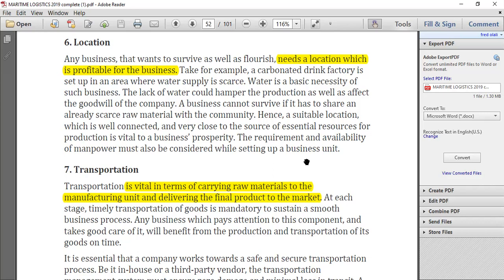Also, depending on the raw materials that you're using for the production of your product, you need to situate your production farm close to the source of those raw materials. With that, it will also save you on the cost of transportation of those raw materials. They'll be traveling a shorter distance rather than being ferried a long distance.